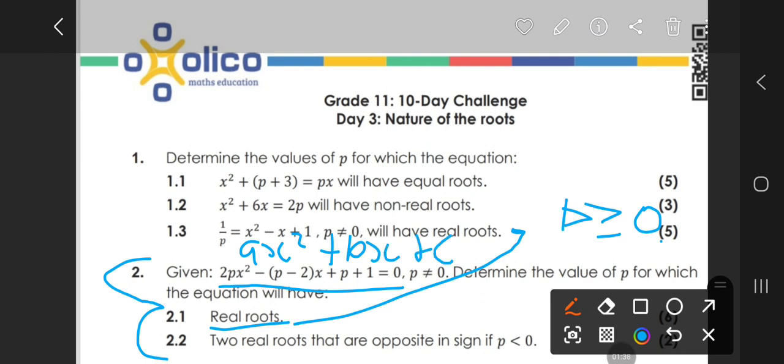So my a is gonna be 2p, and my b is negative p minus 2, times x. That's fine, and c is p plus 1. So this equation is already in standard form.